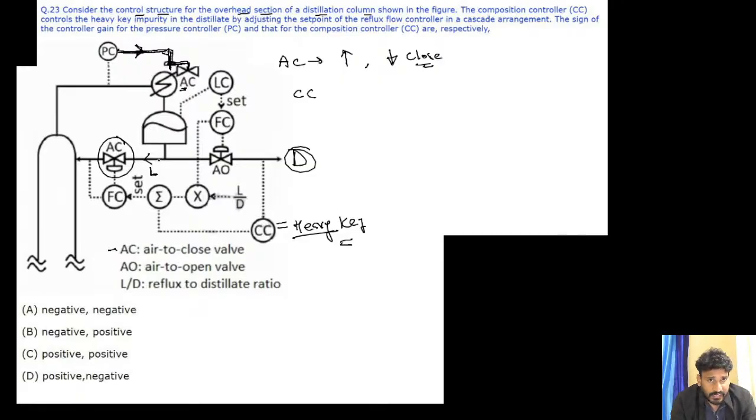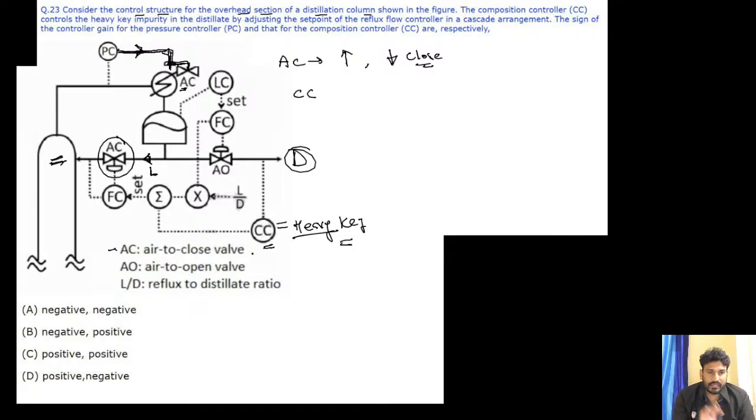How much L is going into the distillation column is decided by this flow controller. This flow controller will increase or decrease the flow rate, yes or no? And the set point in this flow controller is decided by this CC. Is it clear to you?